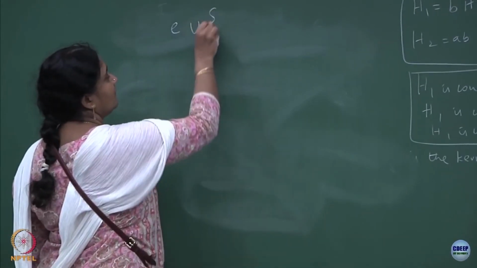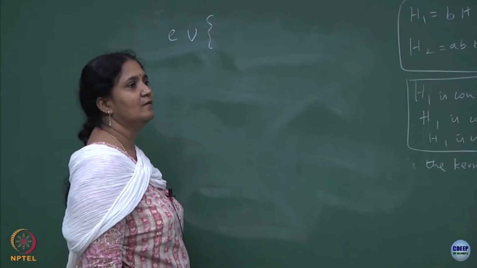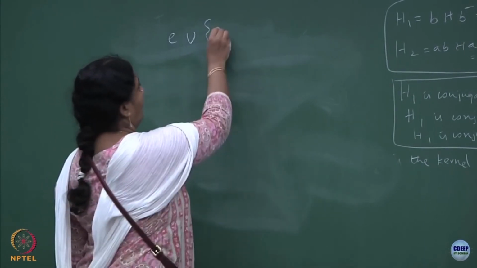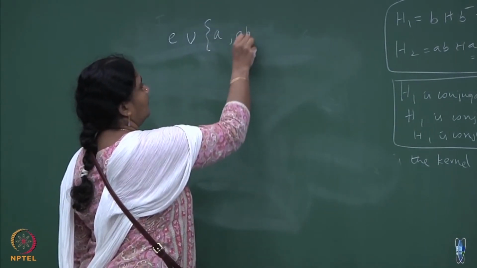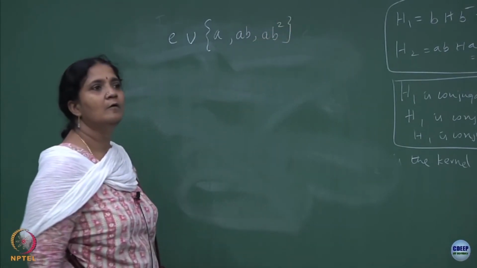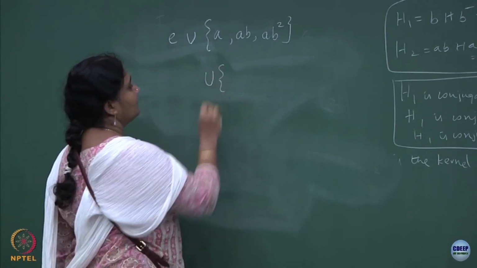Union, one conjugacy class. What are the conjugate elements? Union, what is left out?